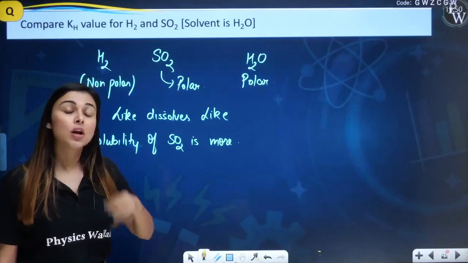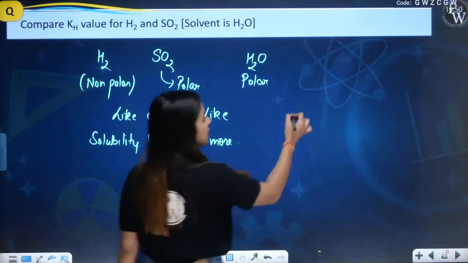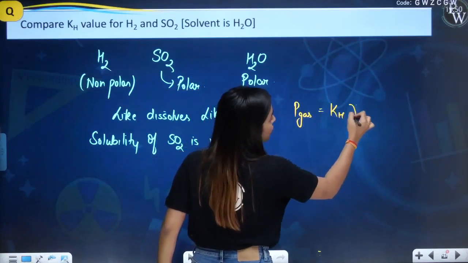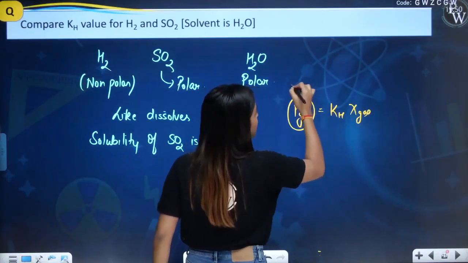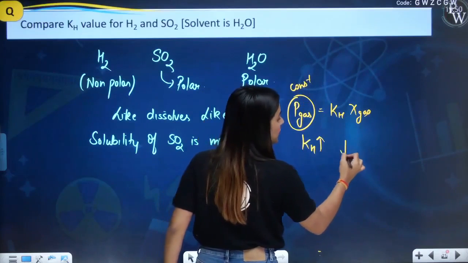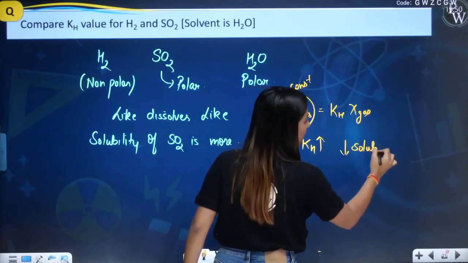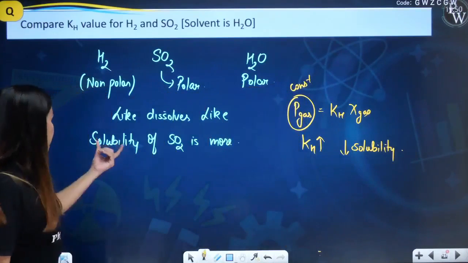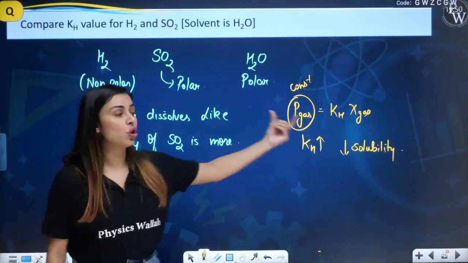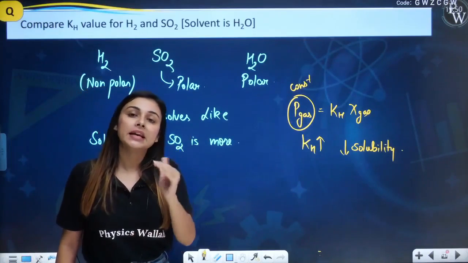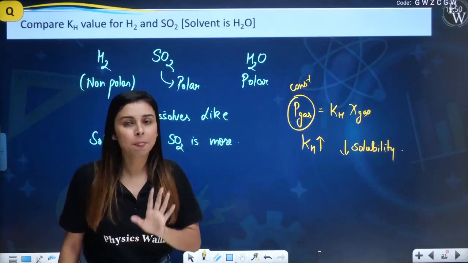Now imagine, my dear students, I know that P of gas is equal to KH into solubility of gas, and this is constant, then more the KH value, lesser will be the solubility. That is, they both are inversely proportional. If SO2 has higher solubility, then H2 will have lesser solubility.